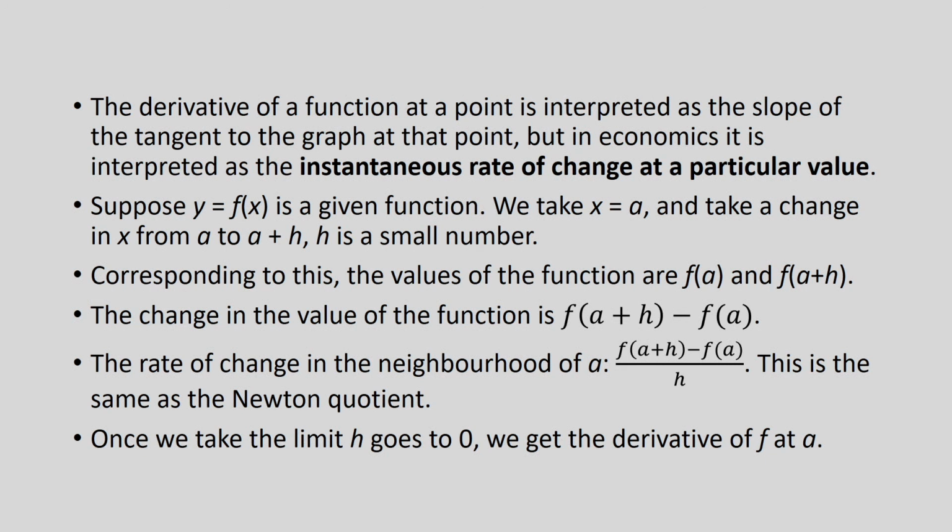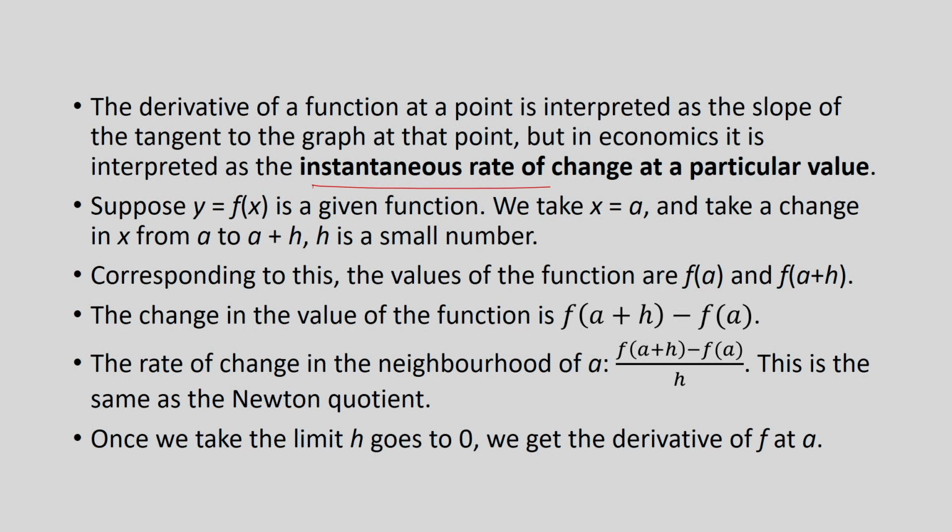The derivative of a function at a point is interpreted as the slope of the tangent to the graph at that point. This was the geometric interpretation. In economics, it is interpreted as the instantaneous rate of change at a particular value. This is important, instantaneous rate of change, because we are considering B to be in the immediate neighborhood of A, and then we are assuming that h is going to 0.